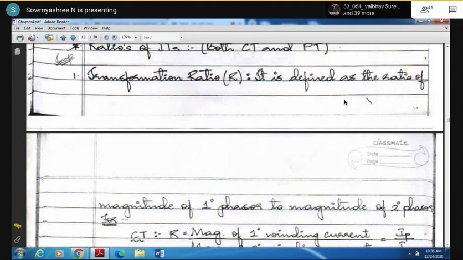Transformation ratio is denoted by capital letter R. Okay, it should be denoted by capital letter R. So it is the ratio of the primary phasor to the secondary magnitude. You have to specify this word magnitude properly, whatever measurement you're going to do.